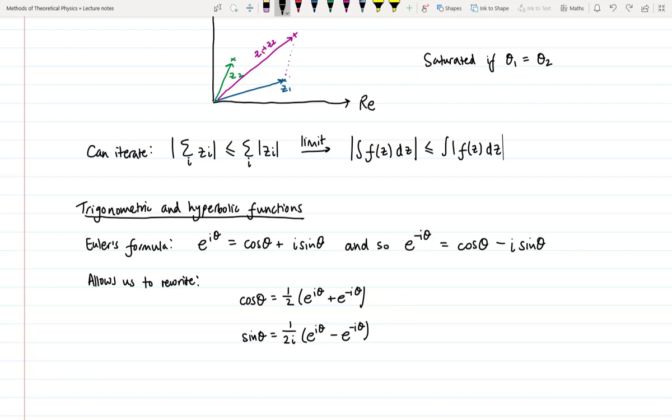And you can use the same manipulations to show, for example, that cos of n theta is a half e to the i n theta plus e to the minus i n theta.